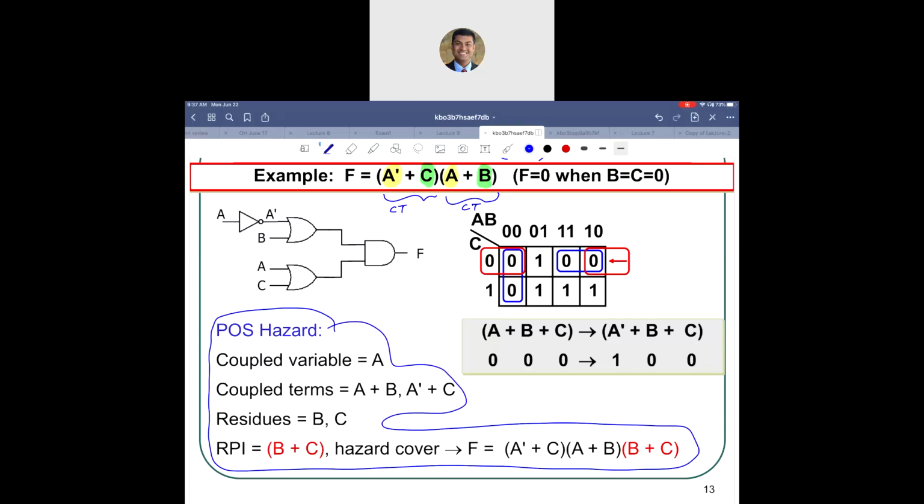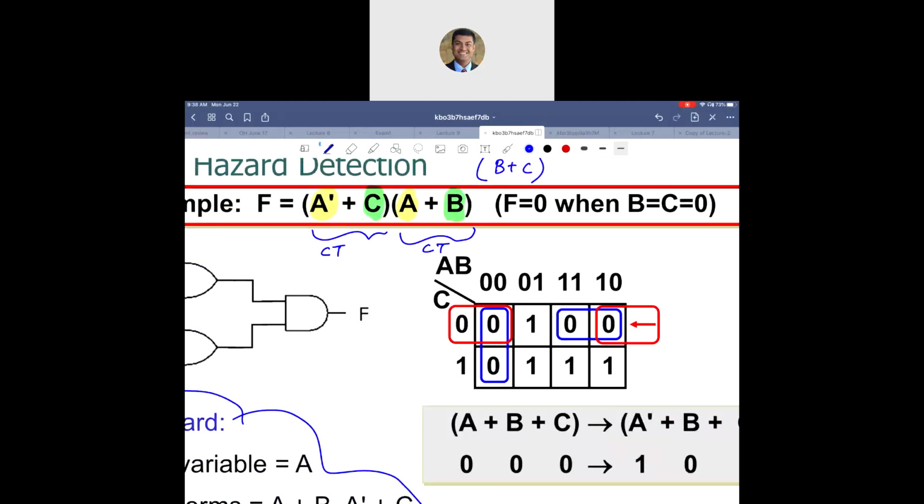But in terms of a K-map, let's take a look at this. The first term over here, in blue, is A is a 1, B changes, C is a 0. And then this guy is both A and B are 0.